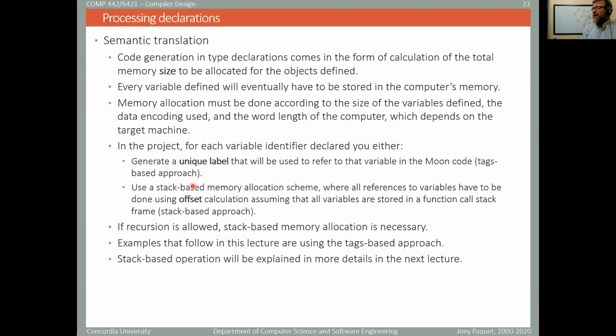If you're using the offset, then you're not going to have tags, rather you're going to compute offsets. So you're going to refer to a certain address number, and then if you're storing, for example, an object, then this object is going to be stored in a lot of consecutive memory cells. If you want to refer to an object, you're going to refer to the top address of this object.